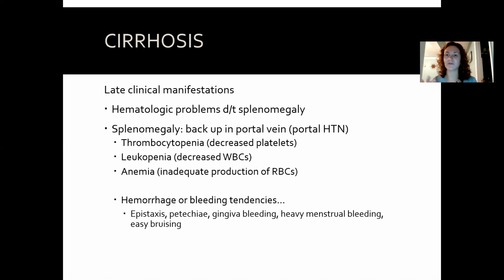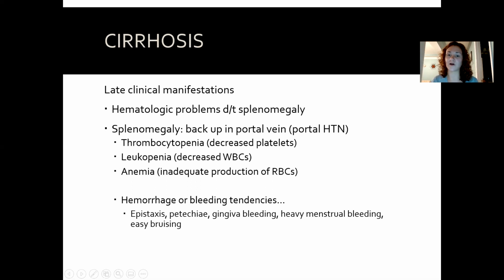And the portal vein, remember, is what's taking blood from the GI organs, including the spleen, and getting filtered through the liver before it goes to the heart. Well, if that portal vein's backing up, then blood is backing up into the GI system. It's backing up into the stomach, the intestines, the large intestines, the esophagus, the spleen, the pancreas. All of those organs are getting affected. And we call that portal hypertension. We're actually going to talk about that in a few slides.